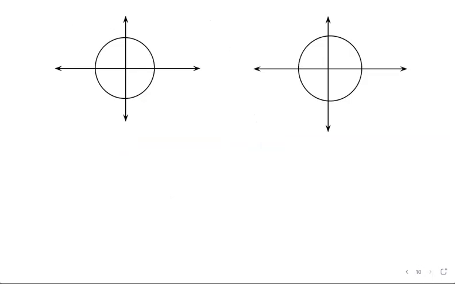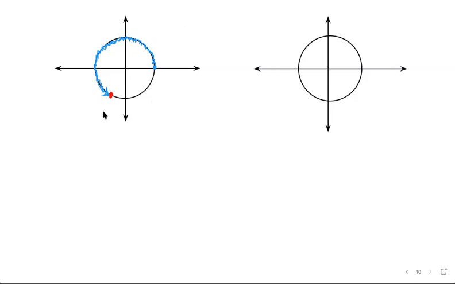For the third one, suppose the point starts from this point, moving around the unit circle like this, and stops up to here. So the terminal point is this point. The question is, where is the reference number?